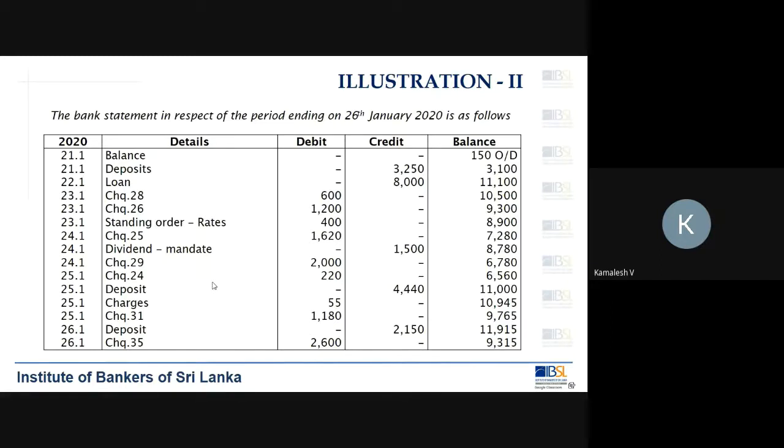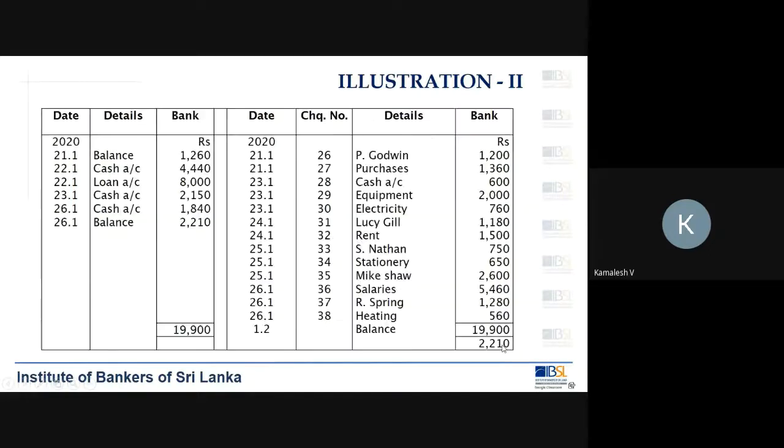So the opening balance here is 150 rupees overdraft. When you say OD, it's overdraft. And here on 26th, it is 9,350. Similarly, you have an opening balance of 1,260 in your cash book and a closing balance of 2,210. So the reconciliation is actually between the opening balances and the closing balances.